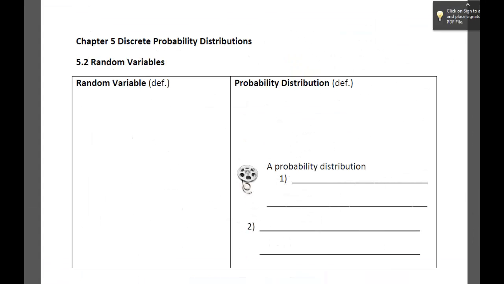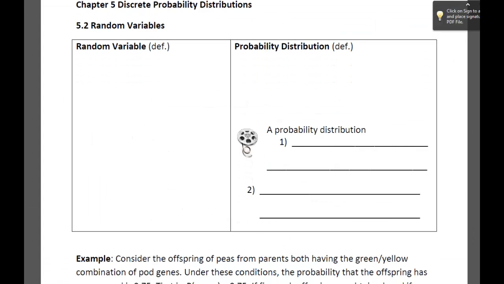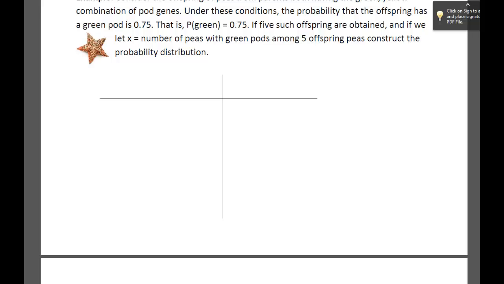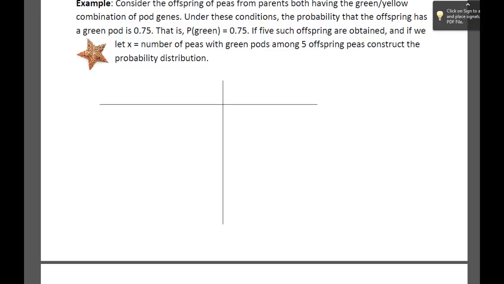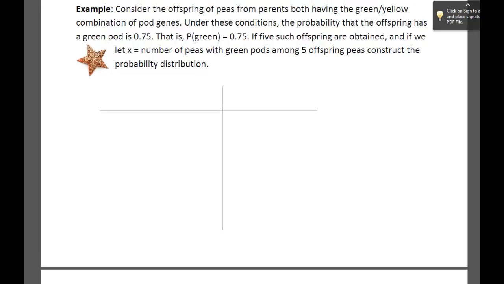Okay, so I think we have an example. It says, consider the offspring of peas from parents both having the green-yellow combination of pod genes. Under these conditions, the probability that the offspring has a green pod is 0.75.